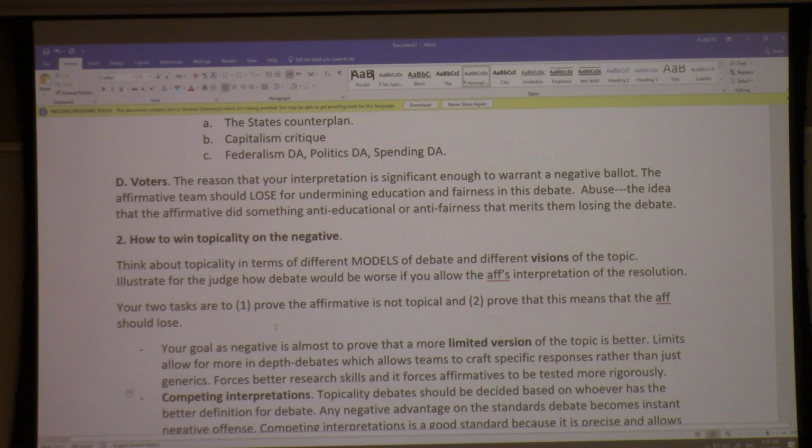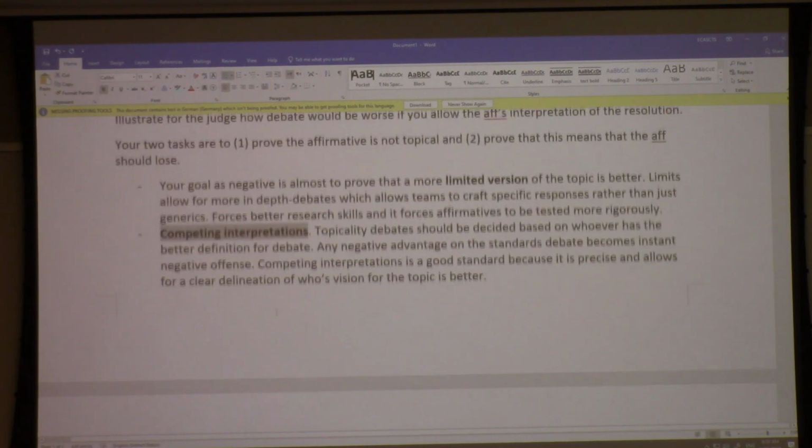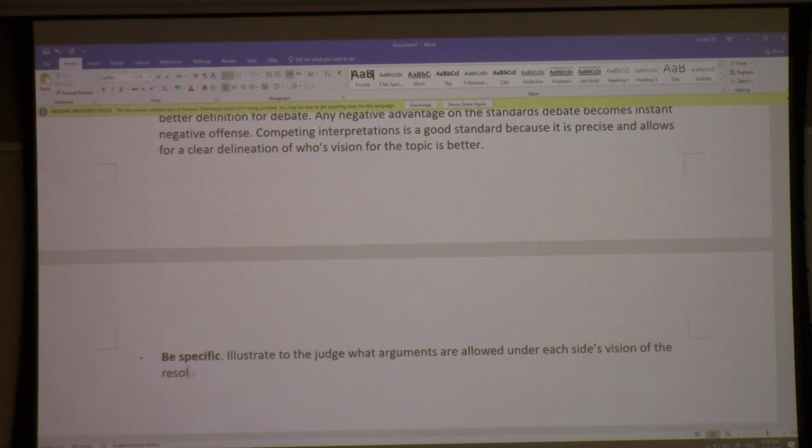So our two tips for winning topicality in the negative are to emphasize limits and predictability and to emphasize competing interpretations as a framework for evaluating topicality. This leads into my third tip, which is that you should be very specific. So be specific. Illustrate to the judge what arguments are allowed under each side's vision of the resolution.